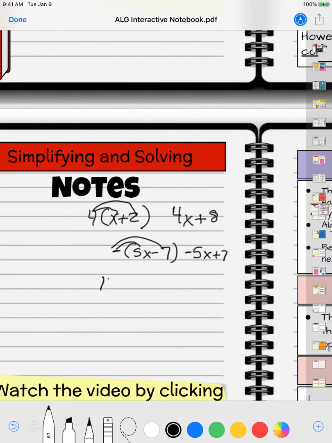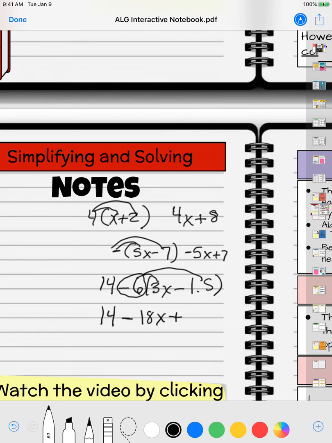Alright, say we had 14 − 6(3x − 1.5). So we're going to take this part right here and distribute it. So the 14 stays for right now. Negative 6 times 3x is negative 6 times 3, which is negative 18x, and negative times a negative 1.5 is going to be a positive.